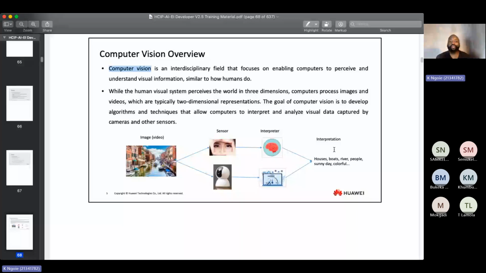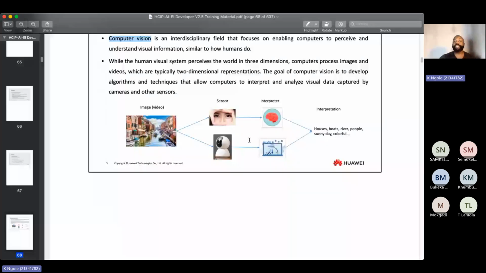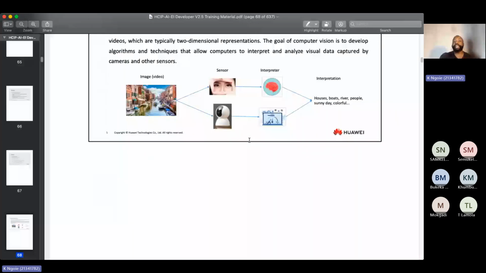So when we analyze videos from a mall and detect intruders or suspects of a certain crime, that will work with computer vision technologies. So we're going to have to implement these technologies in order to build this AI tool that will work in this case.